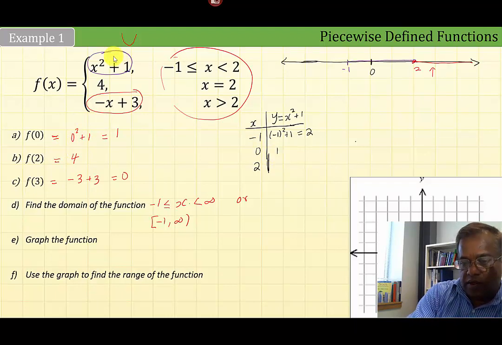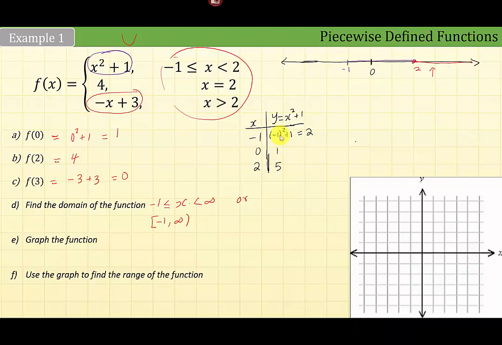And for this function, even though 2 does not belong to this, we are going to use this one just to find this point. So when x is 2, we actually get 5. But that point does not belong when x equal to 2. This is not the point. So in the graph, we need to make a hole.